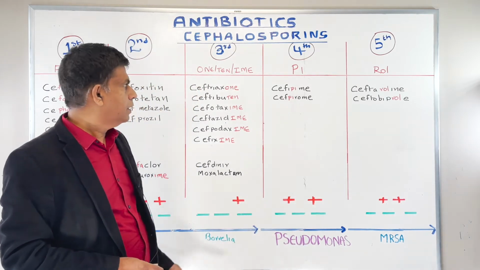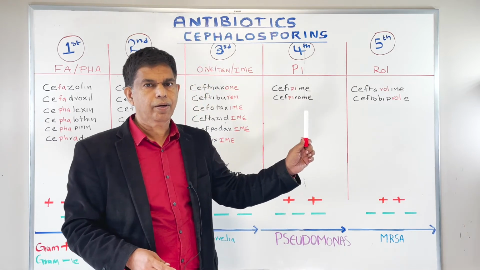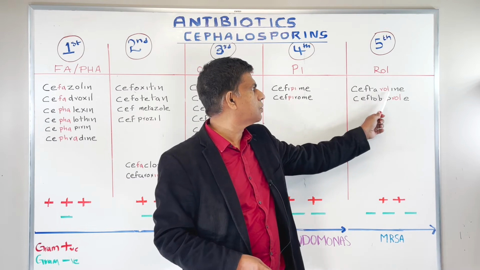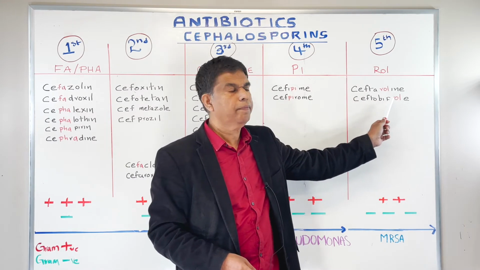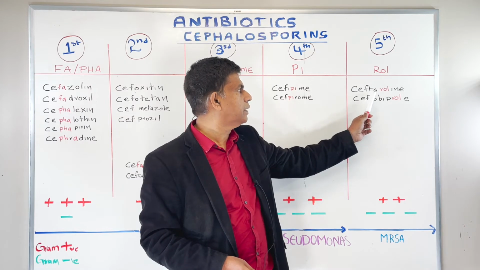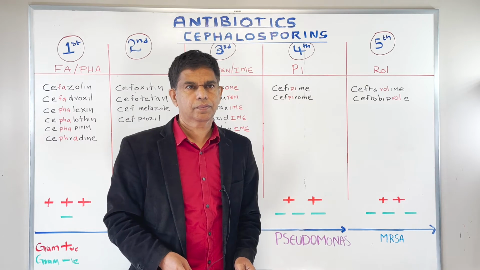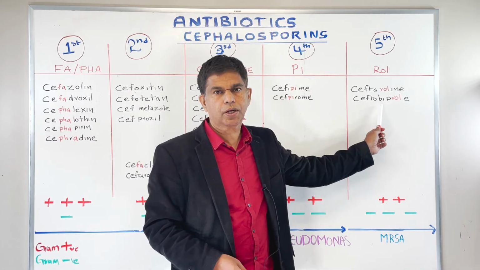Now, when you look at the fifth generation, these are the newest antibiotics. We have two names here, ROL: ceftaroline and ceftobiprole. Ceftaroline is a very good drug for MRSA coverage, and ceftobiprole can also cover Pseudomonas.